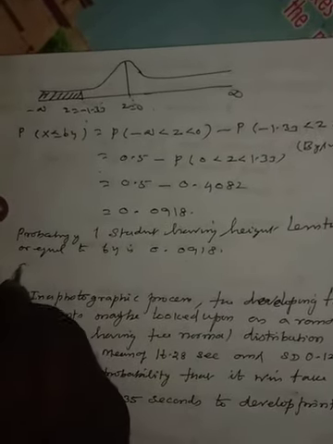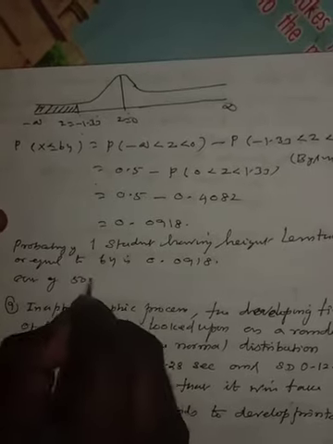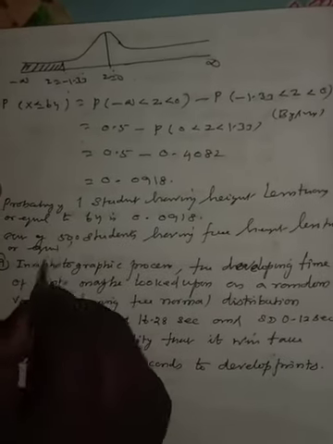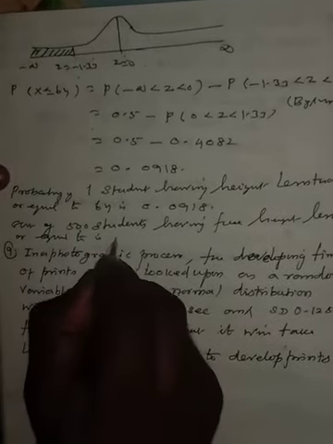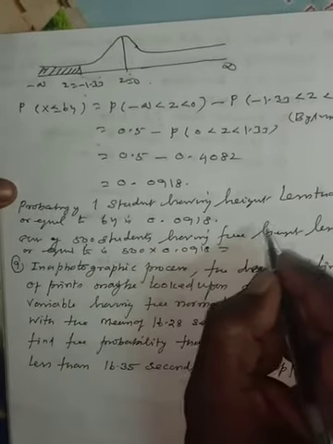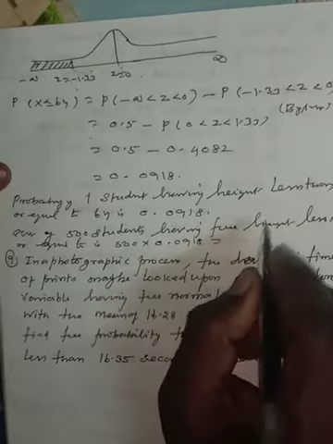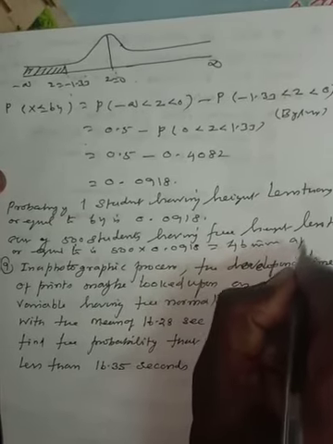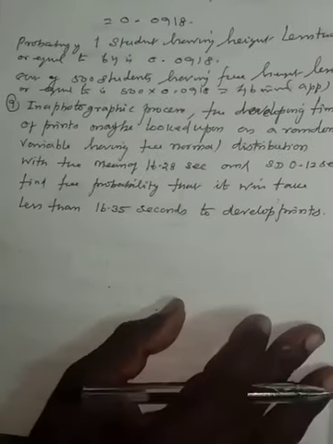Out of 500 students, the number having a height less than or equal to 64 is 500 into 0.0918, which is equal to 46 approximately. Next, question number 9.